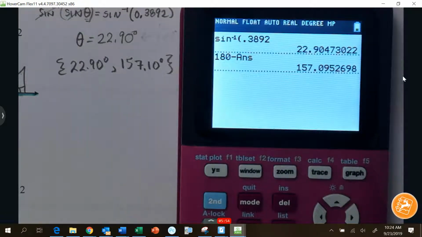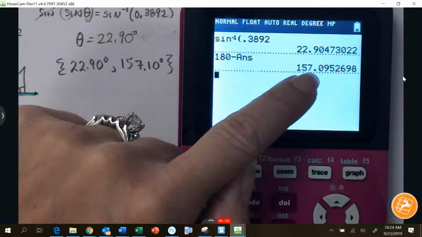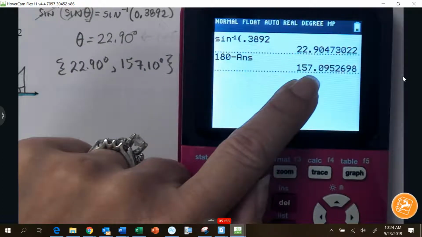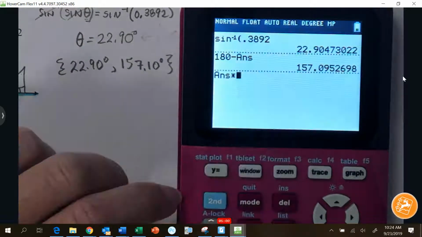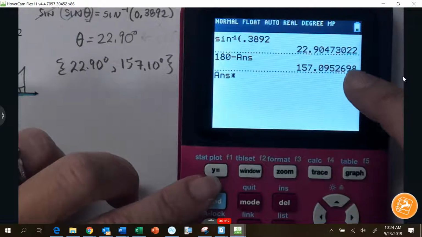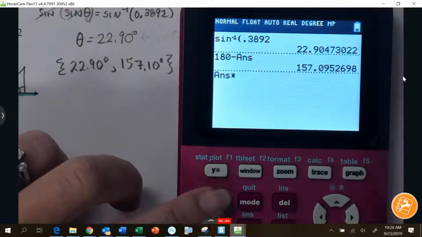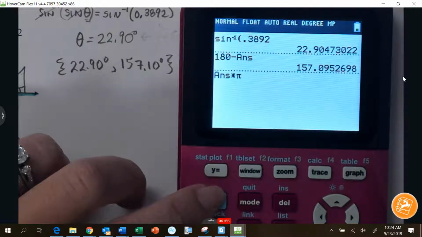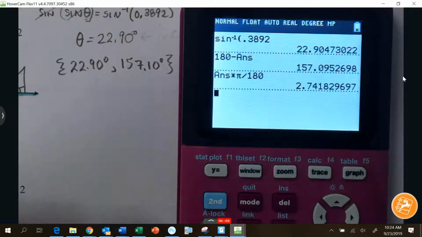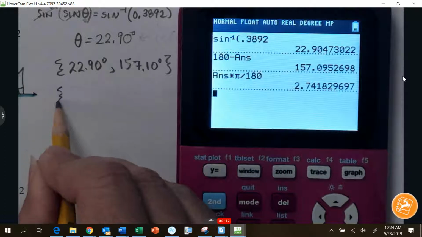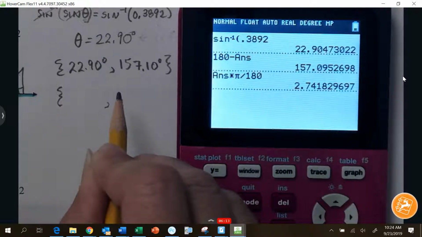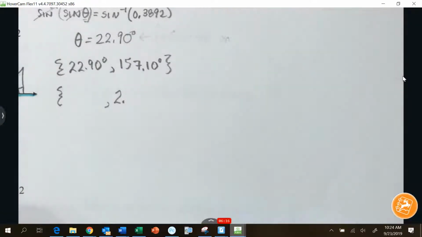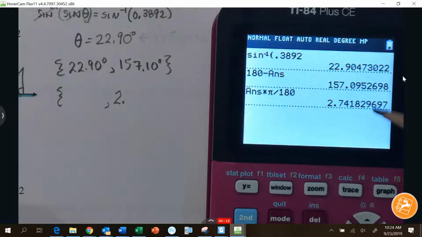So for me, I'd probably start with this one, and I would times by, what do you have to times by to convert degrees to radians? Pi, divide by 180. So that's the second one. To the hundredth, so 2.7.